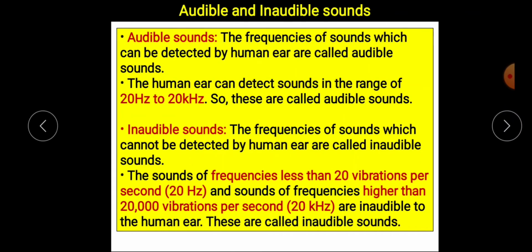So what is the range of the human ear? The range of audibility for the human ear is 20 Hz to 20 kilohertz, or 20 Hz to 20,000 Hz. Okay, children, you remember this?